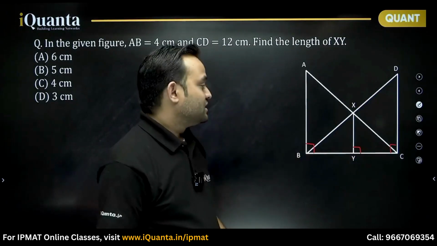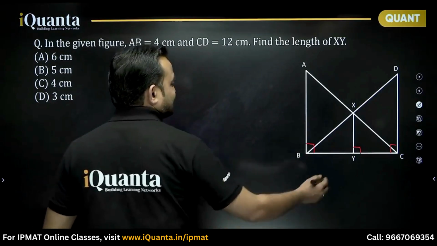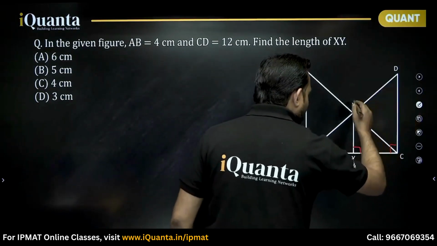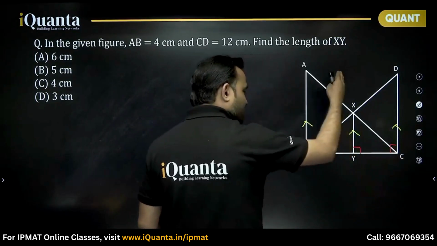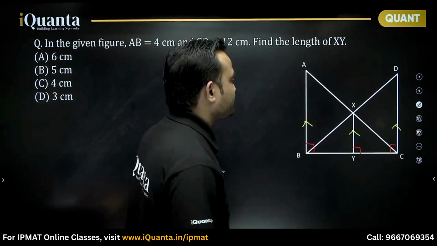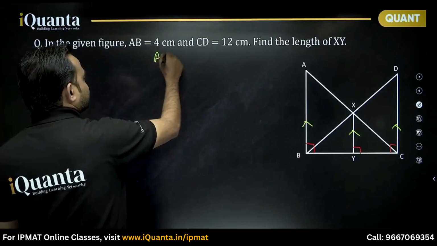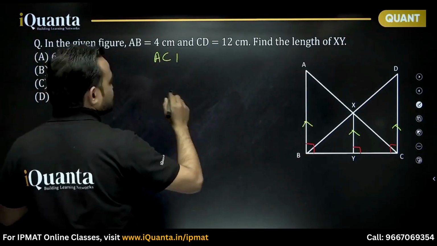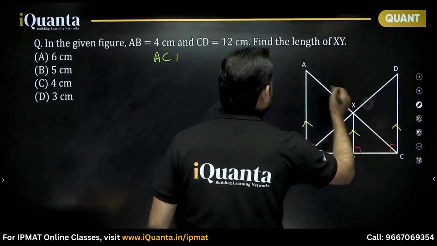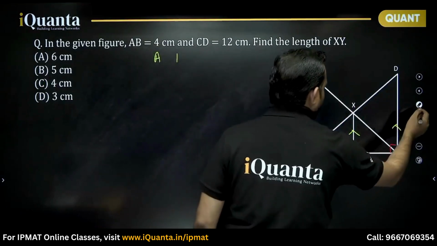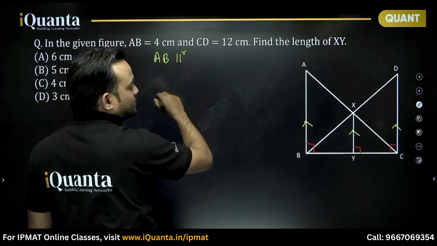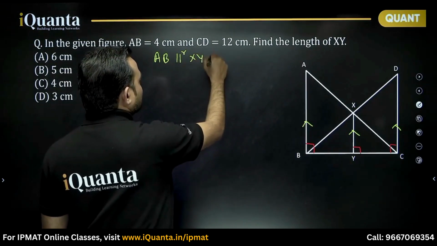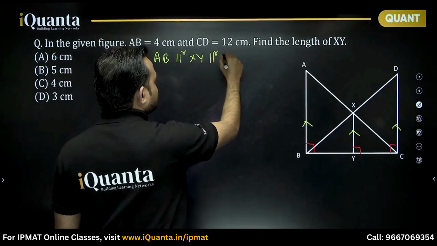Now remember, if these three are all perpendicular to the same line, then these three are parallel. AB is parallel to XY, which is also parallel to DC.